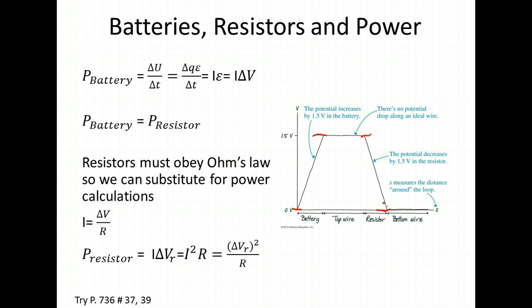It does the opposite thing that a battery does. It uses that current, and it decreases that voltage to 0. And so the power that a battery puts out is completely equivalent to the power of that resistor because it uses up what the battery puts out.